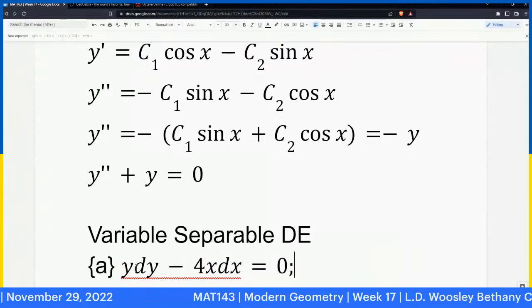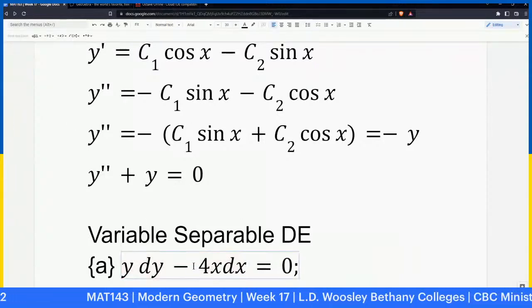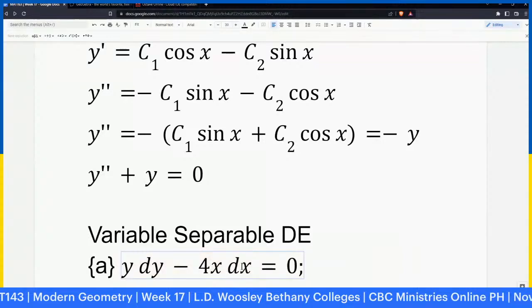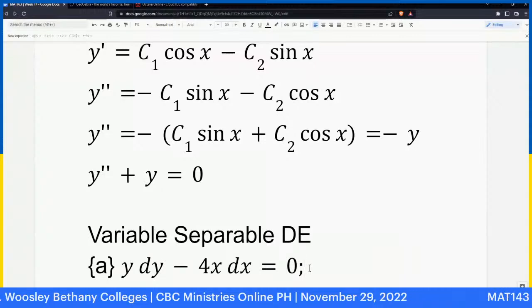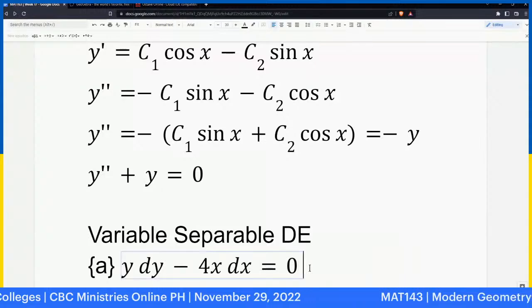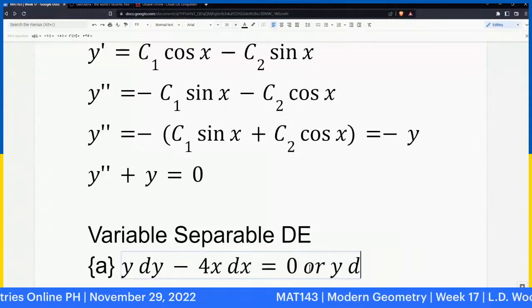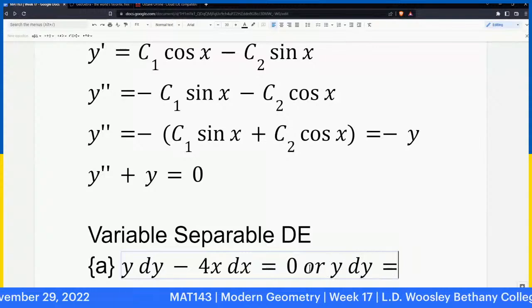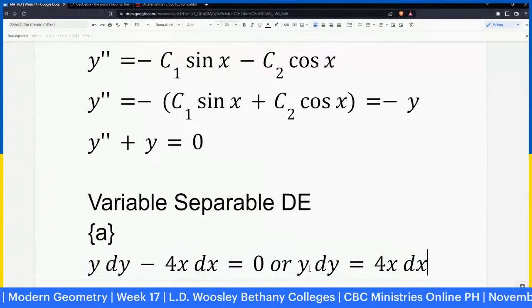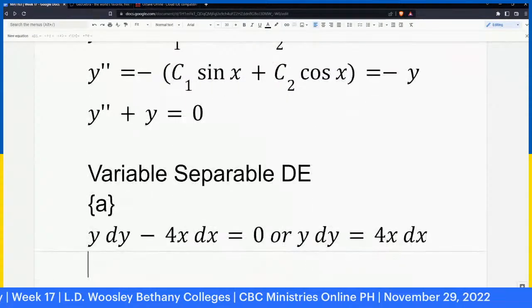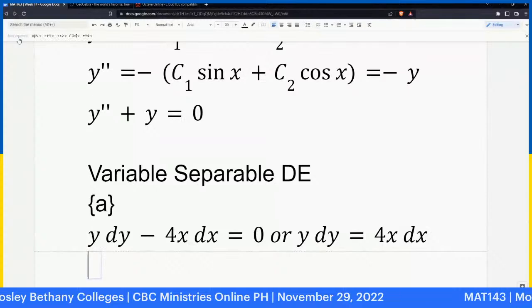Bakit siya may ganun? Ayaw niya magkadikit. Okay? So just put it on the other side of the equation. So this would become y dy is equal to 4x dx. Okay, make sense, Micaela? Make sense?